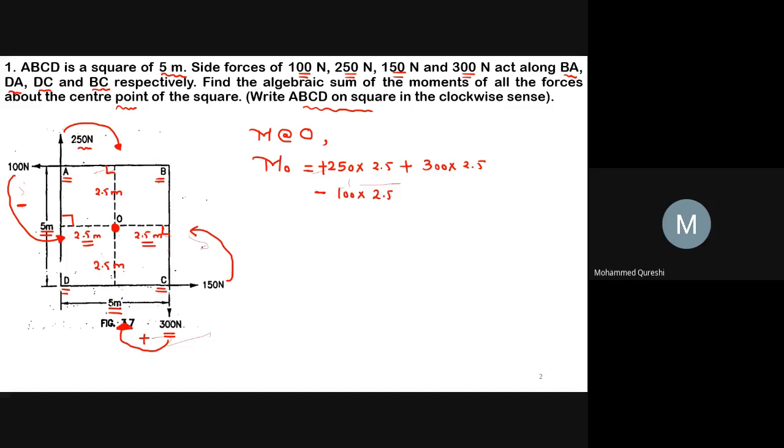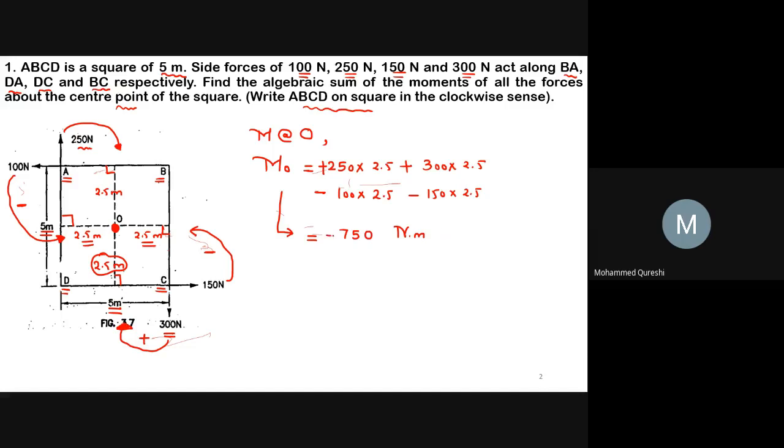Hence I will write here, as it is in anti-clockwise direction, it will be minus 150 into 2.5, as it makes perpendicular distance of 2.5 meter with respect to point O. So after solving the above equation, you will get the moment at O point equals to 750 Newton into meter.